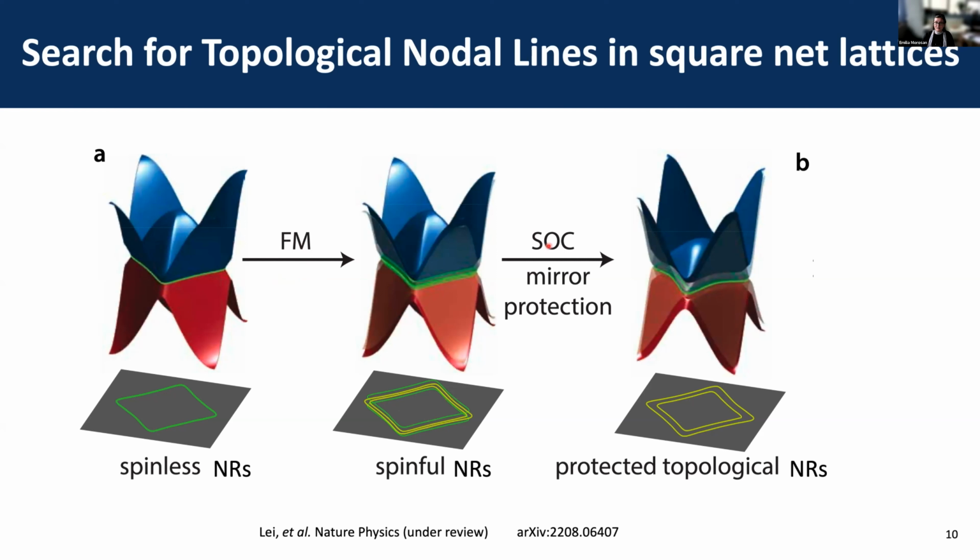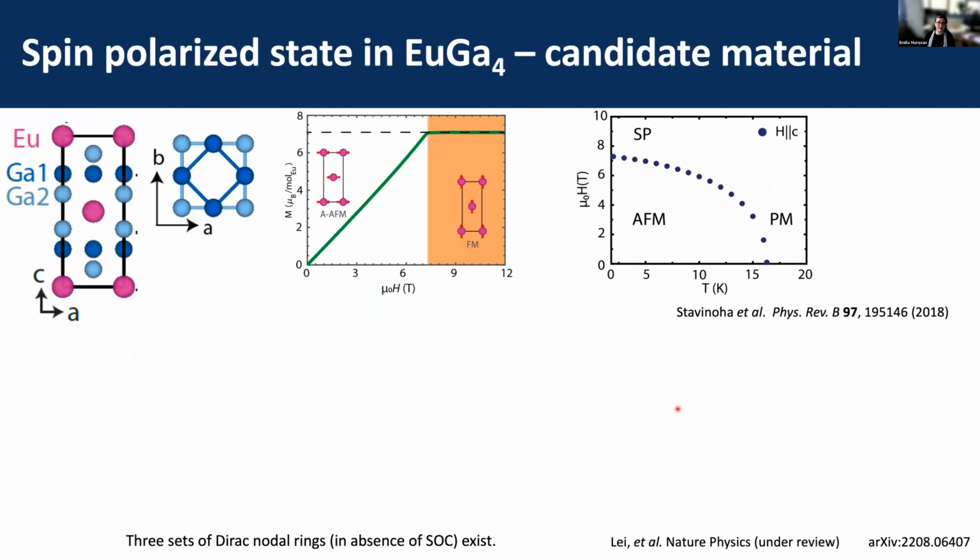When spin-orbit coupling is added in the presence of mirror protection, these four spinful nodal rings split into two topological nodal rings, as shown here schematically. We believe this is what's at play in europium gallium-4 at high fields, in excess of 7 Tesla, where we reach the saturated paramagnetic or spin polarized state.